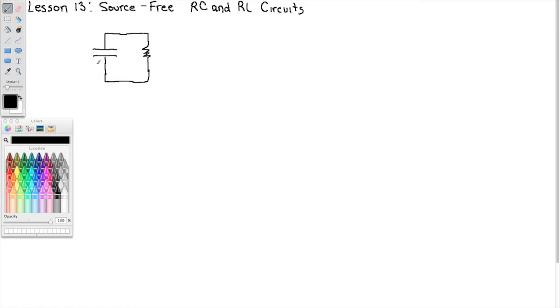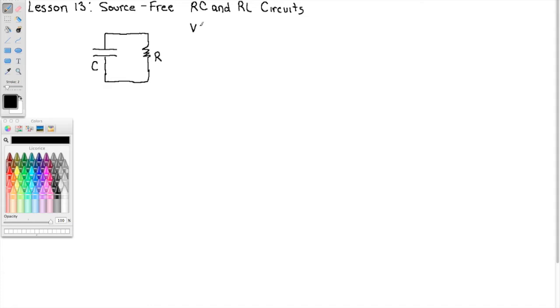So here you see we've got a capacitor and a resistor, but no source, at least not in the traditional sense, no voltage source and no current source. But the capacitor is storing energy because it is initially charged.